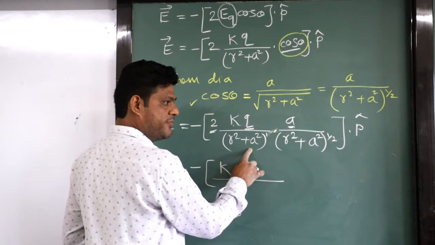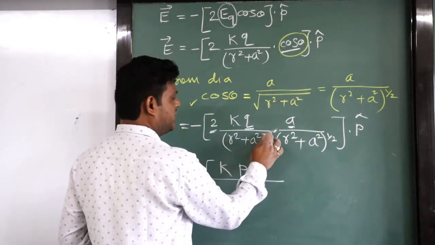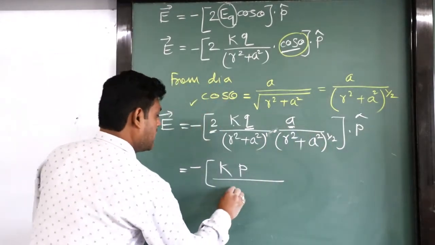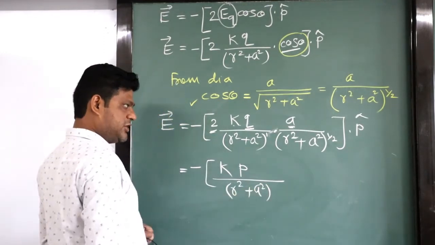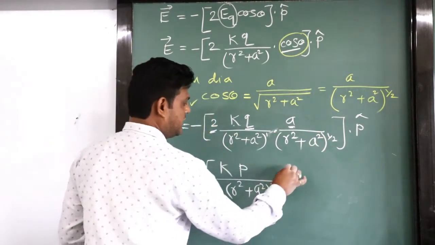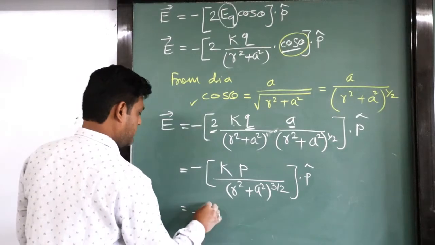The base is the same, so there is addition of power. Power is 1 and power is half, so by addition of power, R square plus A square becomes raised to 3 by 2, into P cap.